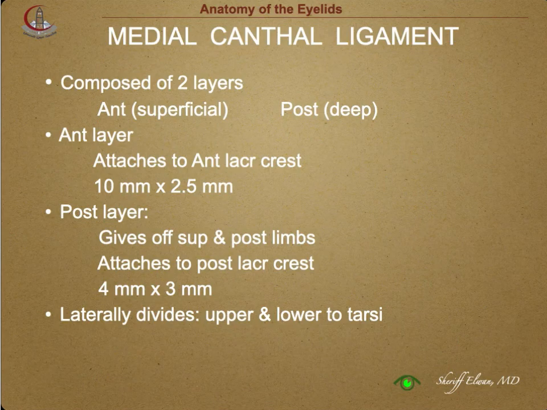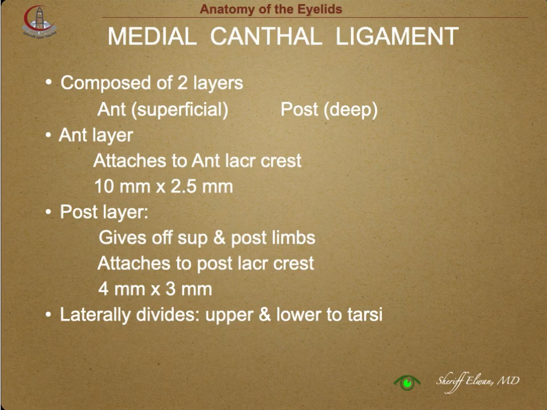The medial canthal ligament or the medial palpebral ligament is composed of two layers, an anterior superficial layer and a posterior or deep layer. The anterior layer attaches to the anterior lacrimal crest, and it is about 10 millimeters in length transversely and 2.5 millimeters in width vertically.